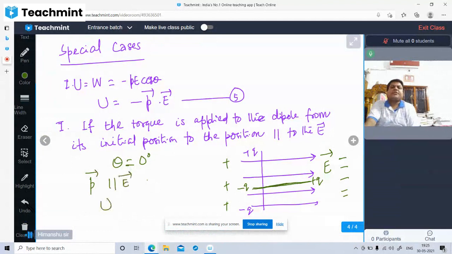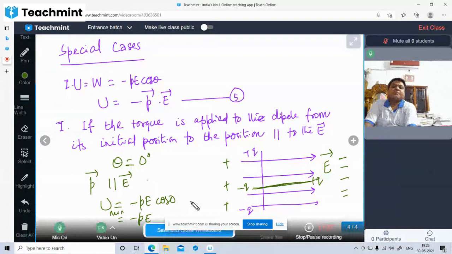In this case, potential energy is equal to minus PE cos 0, and cos 0 is 1, so minus PE. And this is the minimum value of potential energy. That means the body is not stable here, minus PE.